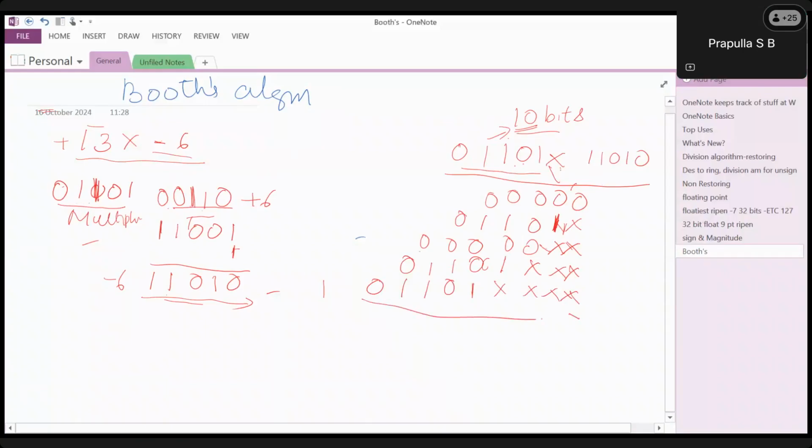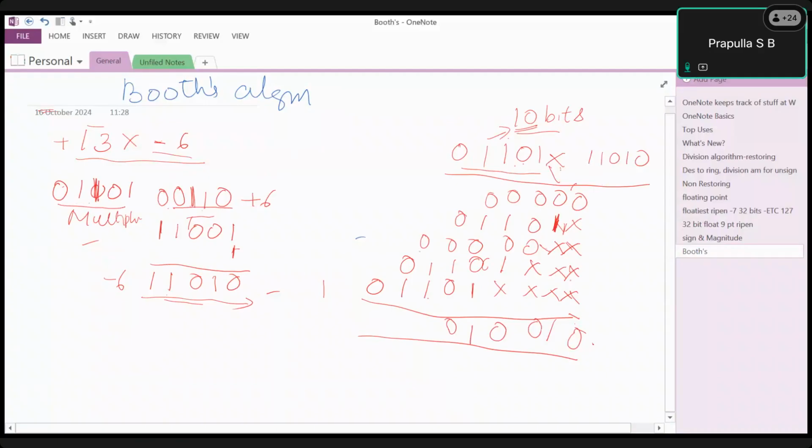Now when I add all this, what will be my answer? You just see, this is 0, this is 1, this is 0, this is 2, this is 3, so this is 2, 0 and a carry of 1.